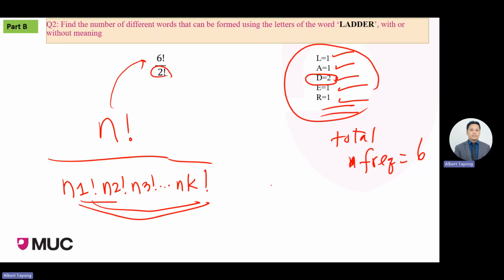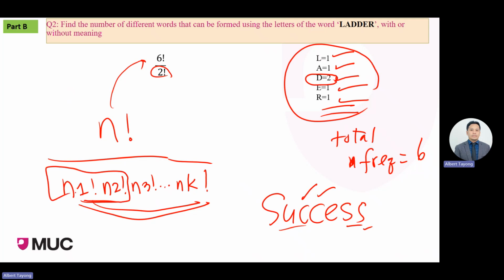Because in some cases, for example, success. Here C is repeated and S is repeated as well. So we have n1 and n2. It can be more, like mathematics, for example.